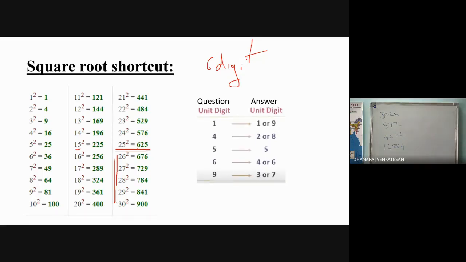Yeah, right, 55. Okay. What is the next one? 5776. Yeah, right, Srimati, right.